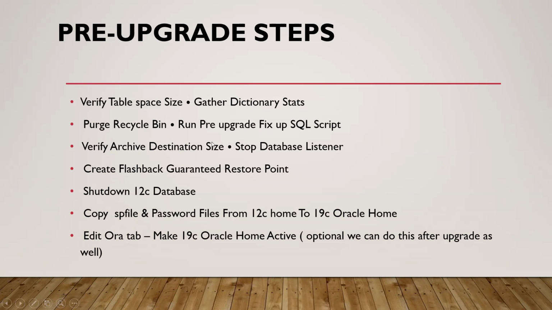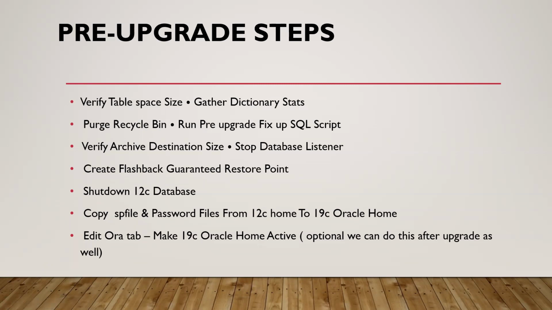Once all these prerequisites are done, we need to stop the databases and listeners, and then we can create a flashback guaranteed restore point. If anything goes wrong as part of the 19c upgrade, if the software is corrupted, and you want to get back to the previous state, you have to have the guaranteed restore point. From this point, the upgrade process will start.